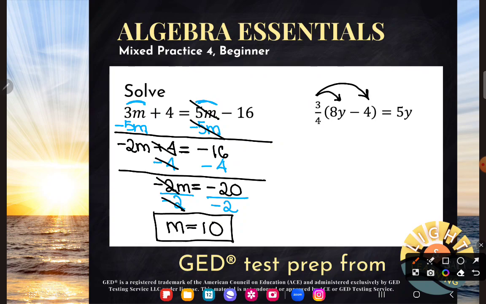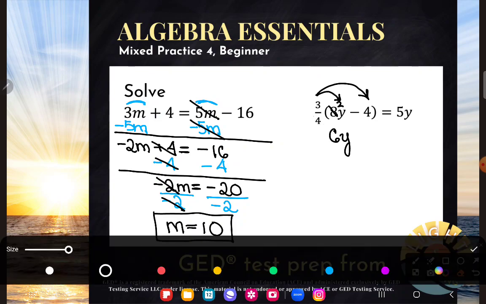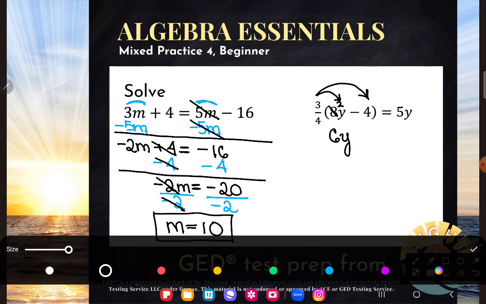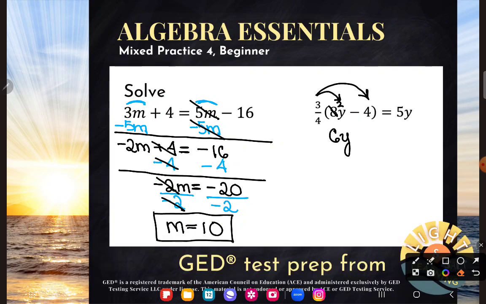But let's see, I know how to cross reduce. So 4 and 8 have a 4 in common, and 3 times 2 is 6. 6 what? 6y. And then look at it anew when distributing again. And the 4s would cancel that time. 4 and 4, giving me negative 3.